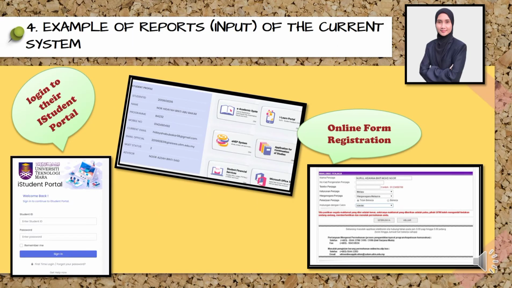Input means entering data into the system. For this method of college registration, the student must first log into the iStudent portal by entering the username or ID and password. Once in the portal, they should complete the online registration form, which includes updating their current status such as family background, the number of siblings, parents' jobs, as well as their salary.